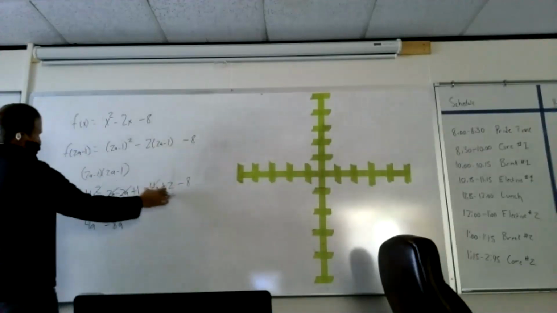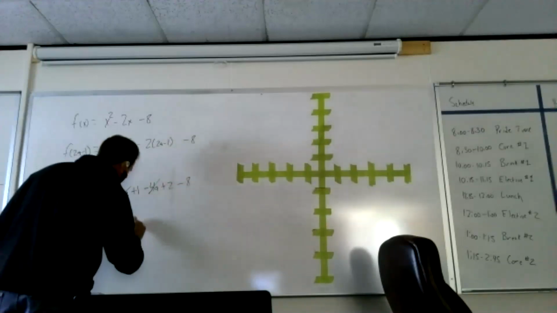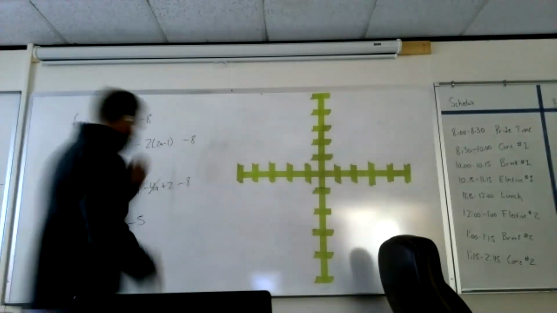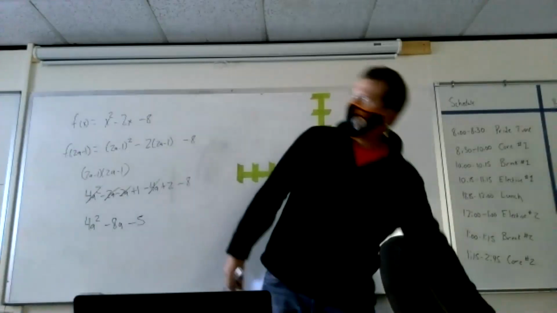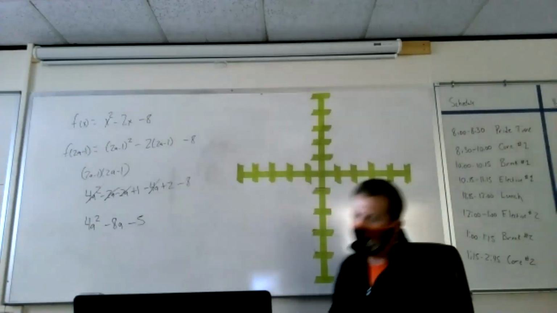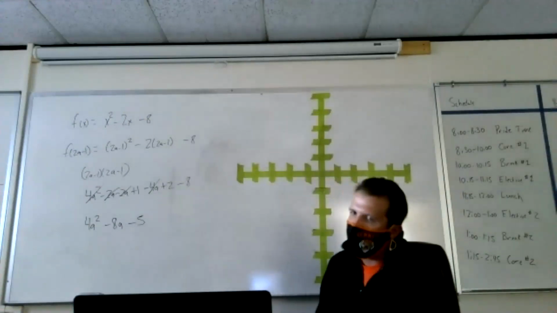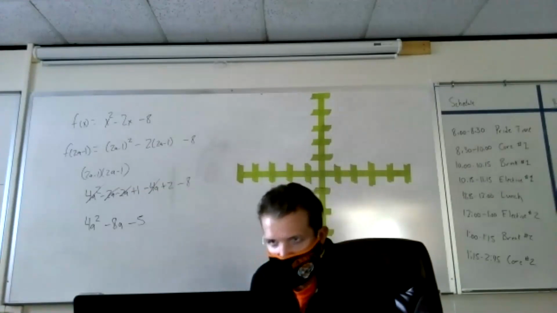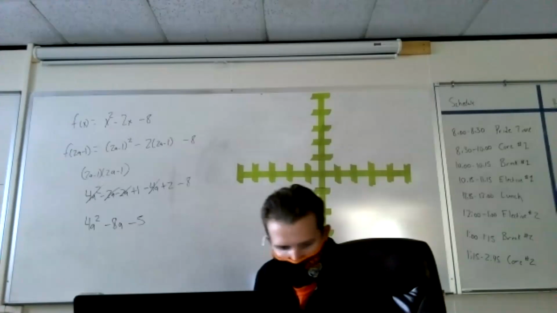So 1 plus 2 is 3, minus 8 is -5. And our answer is 4a squared minus 8a minus 5. So the key thing when dealing with function notation is whatever appears in the parentheses, we plug in for the variable. It'll typically always be x.